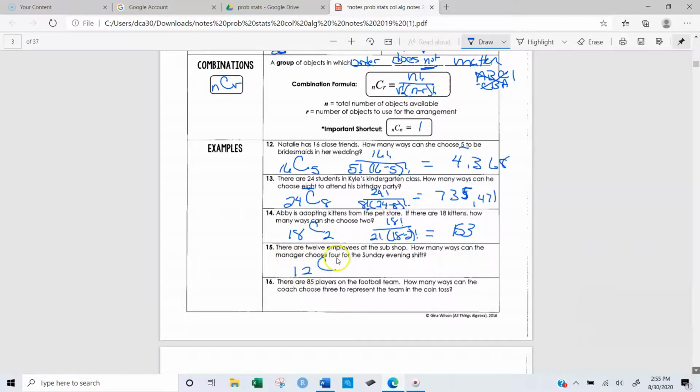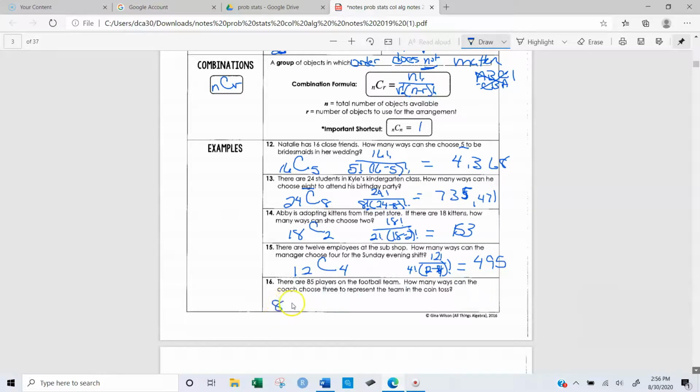How many ways can they choose 4 for the Sunday shift? Doesn't matter if I'm first or last, I still have to work Sunday, right? So we have 12 factorial all over 4 factorial times 12 minus 4 factorial. When you type that in, you should get 495 different ways of assigning people to work.